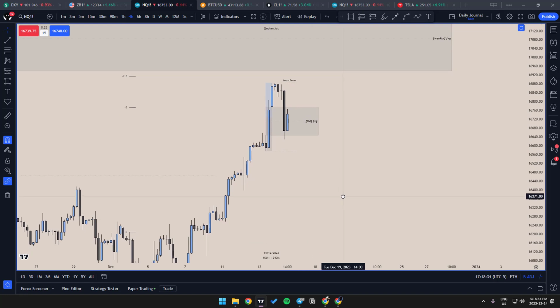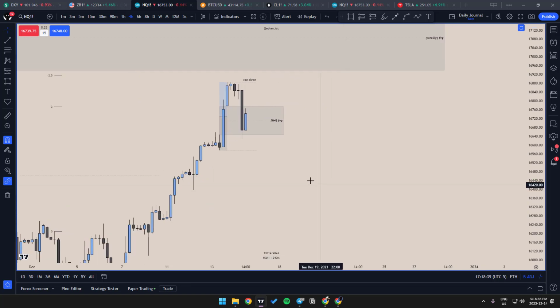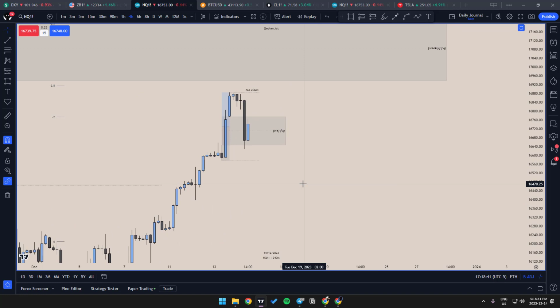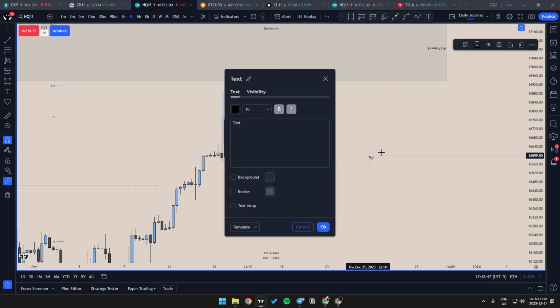Is SMT divergence always in your checklist for entering a trade? Yeah, essentially all the time, honestly. Whenever I do my executions, I'm looking for that SMT divergence, right? So the qualities of a good smart money reversal is, I'll type it out.